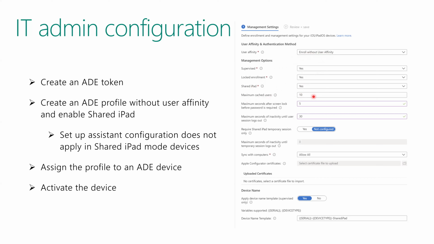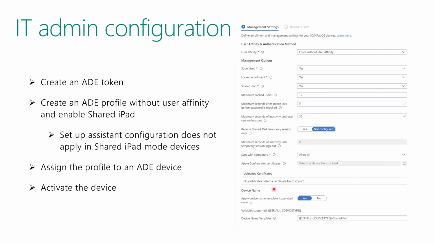If the 11th person logs in, the old signed in user will be deleted, and it will make space for the 11th user. Then there are settings like maximum seconds of inactivity until the user session logs out, and sync with computers.